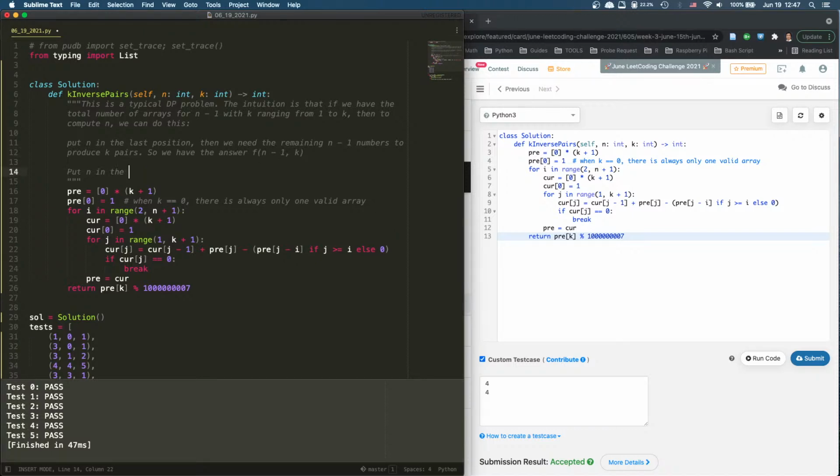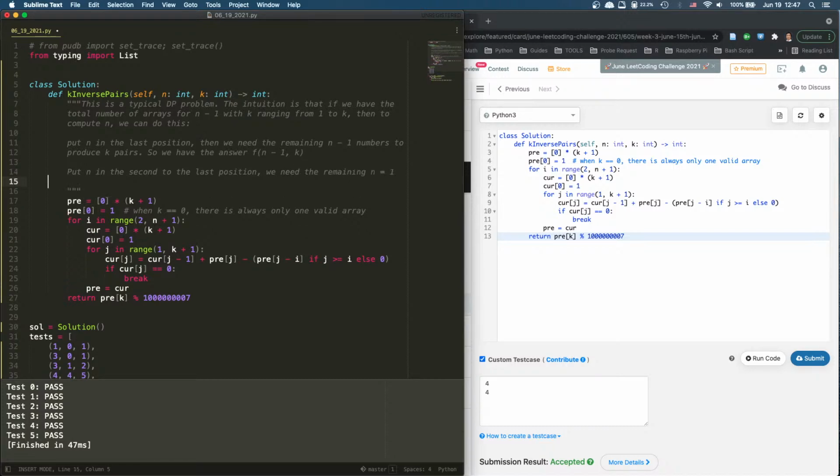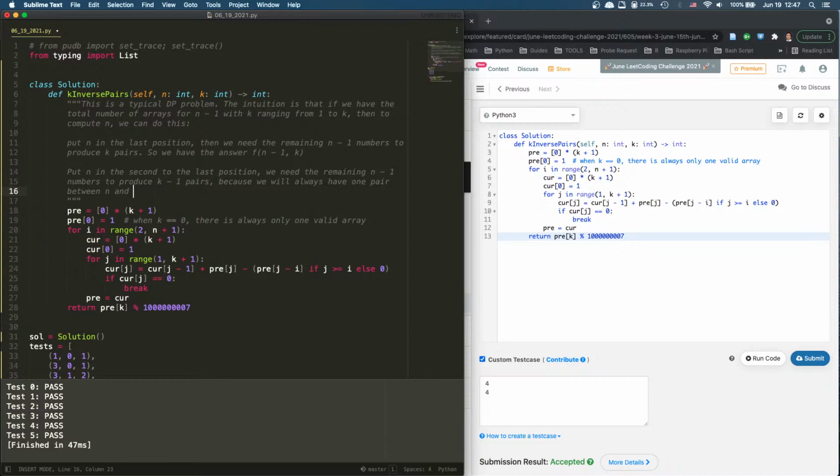Put n in the second to the last position. We need the remaining n minus 1 numbers to produce k minus 1 pairs, because we will always have one pair between n and whatever number is placed in the last position.